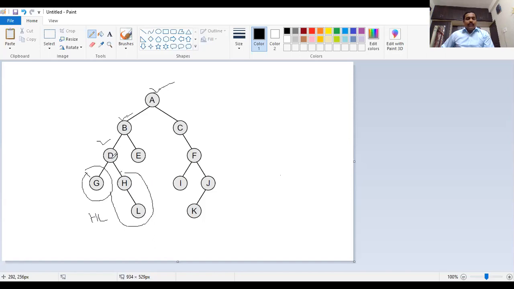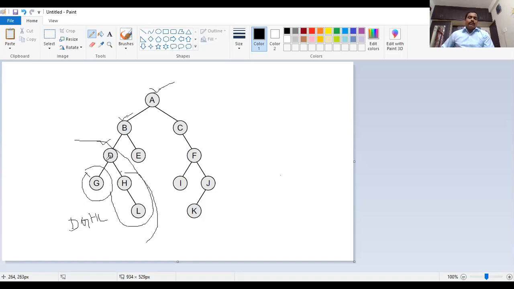With this root D, what will we do? D, G, H, L. So this entire portion gives D and then G, H, L. So D, G, H, L, we have completed this portion.